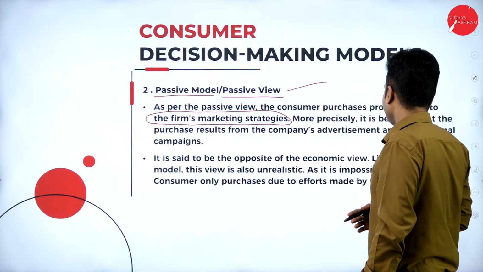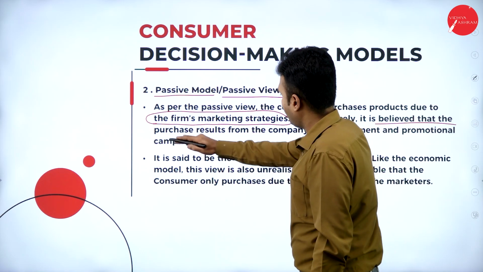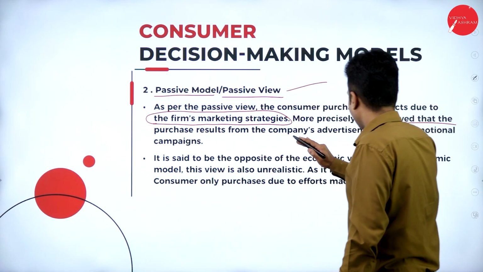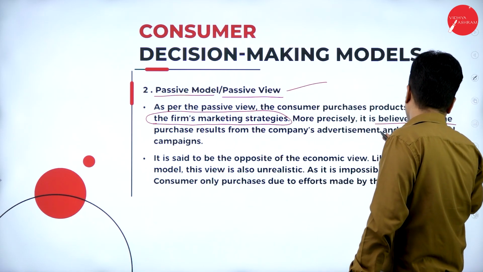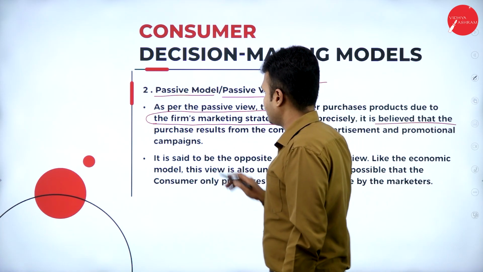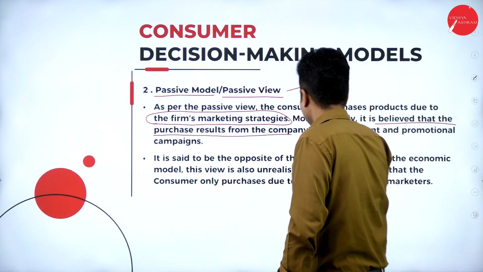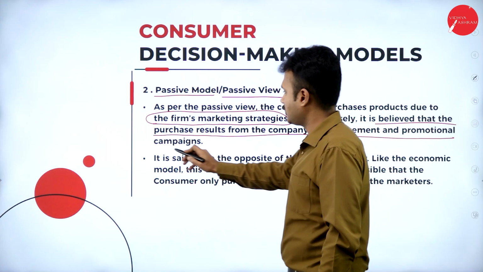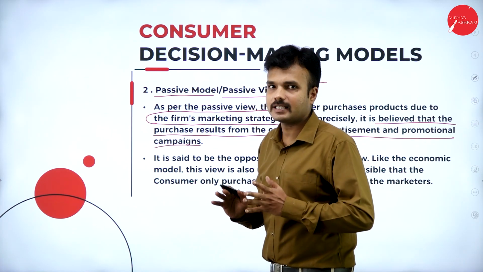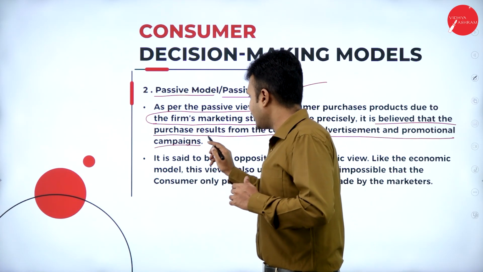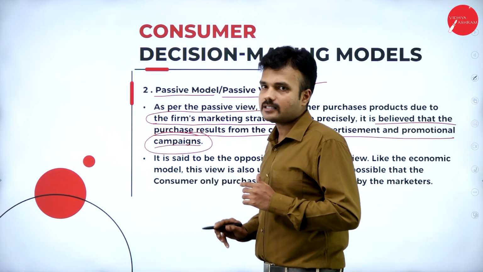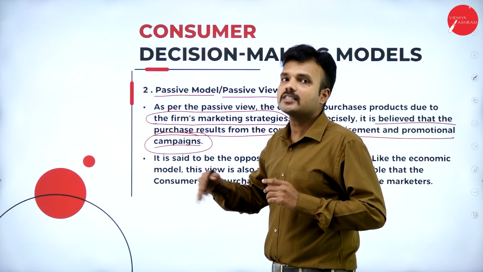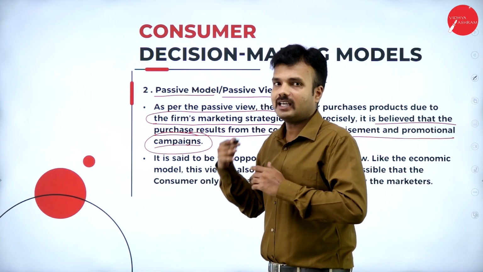More precisely, it is believed that the purchase results from the company's advertisement and promotional campaigns, right? So whatever decision the customer makes, whatever goods he purchases, is based on the campaigns made by the company or the advertising activity the company undertakes.